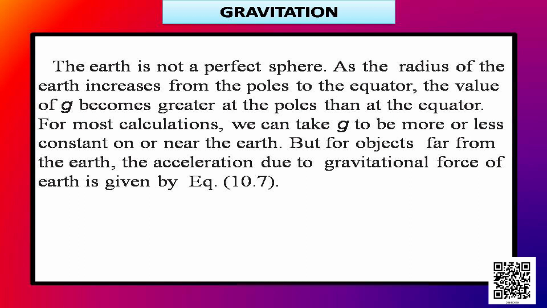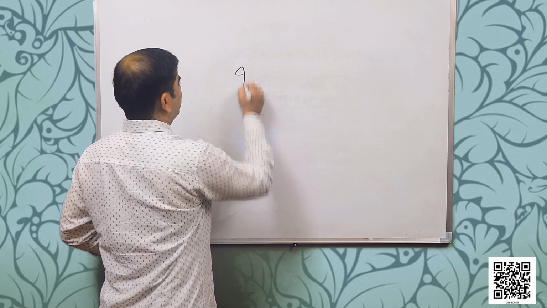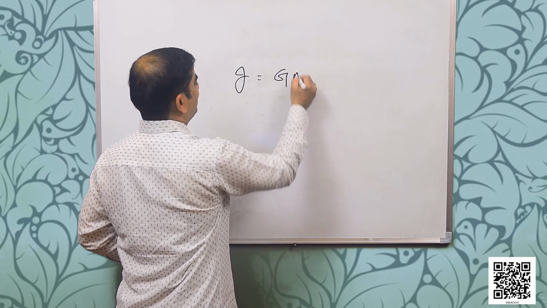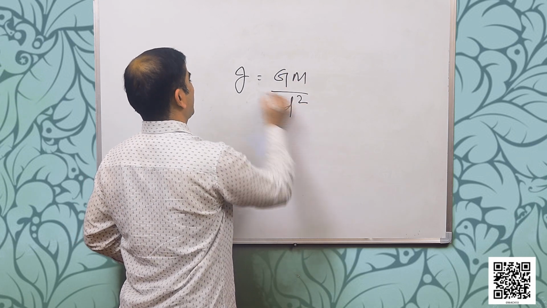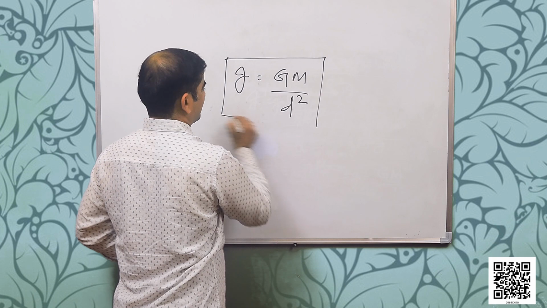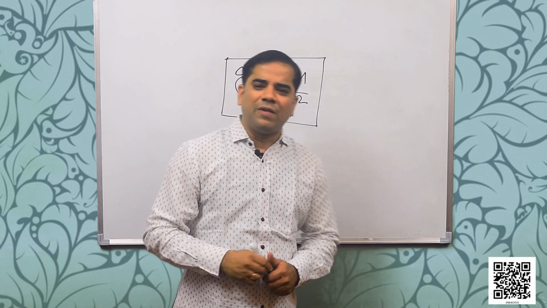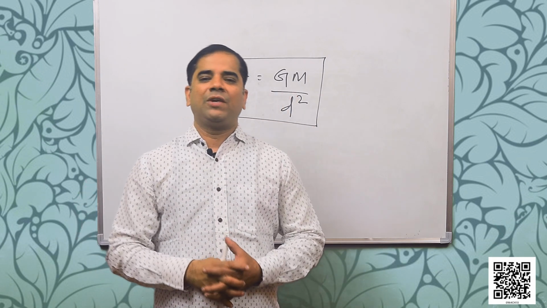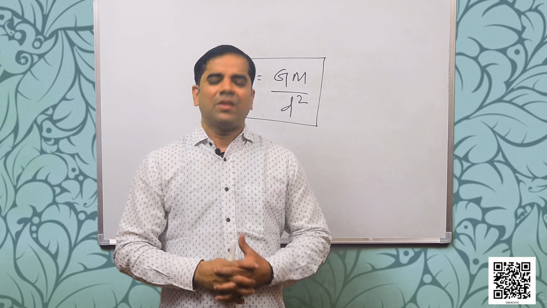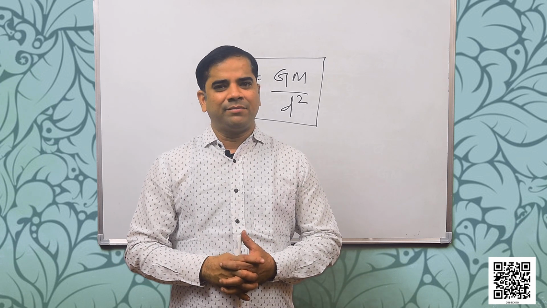For objects far from the earth, the acceleration due to gravitational force of earth is given by g is equal to GM by d square. So we always use this formula whenever we do some calculation. Hope you have understood this concept.